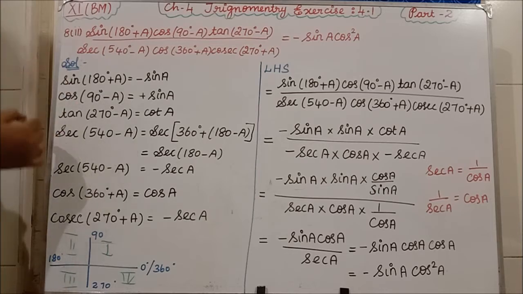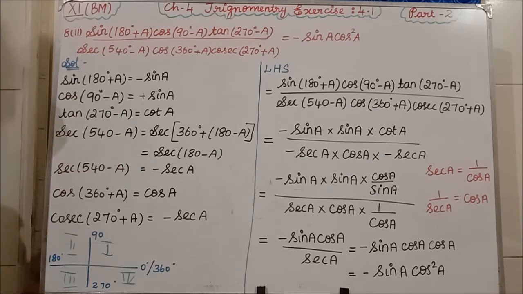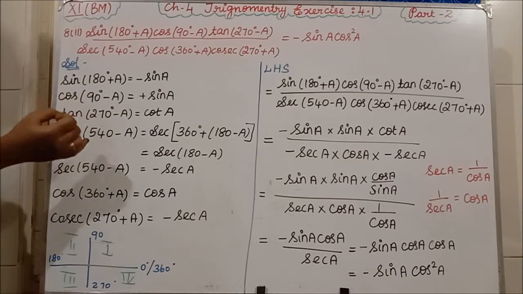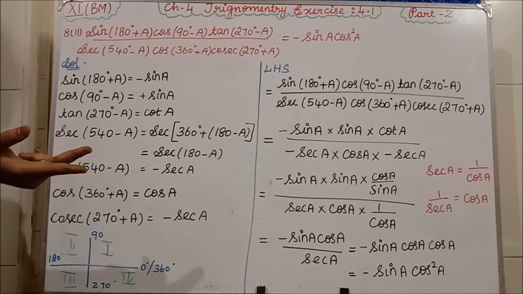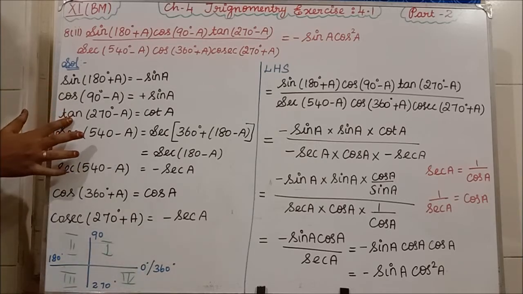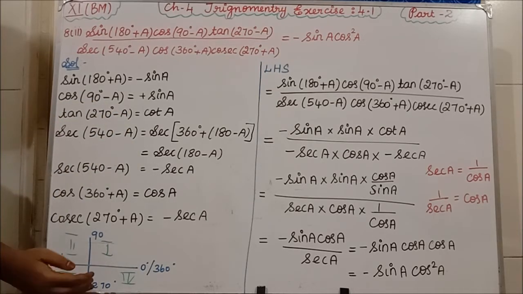The next one is tan 270 degree minus A. See, 270 degree we are using. For 90 and 270 we have to change the trigonometric ratio. So tan means, see what I have written, cot. 270 degree minus A means it will come this side only.